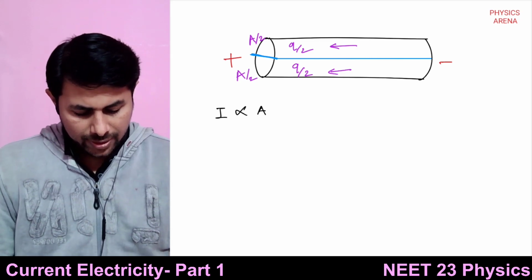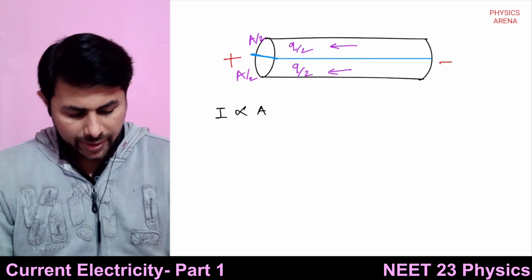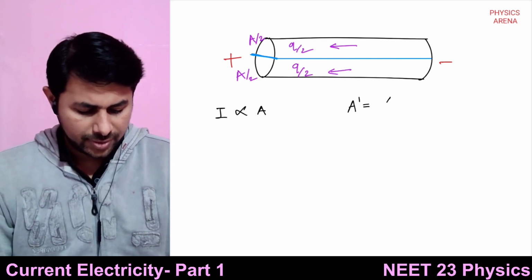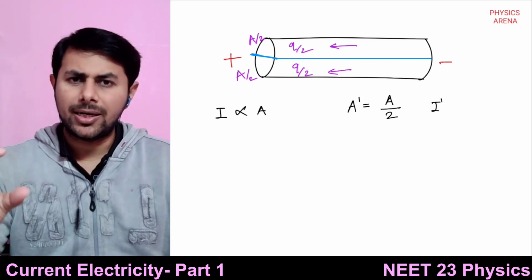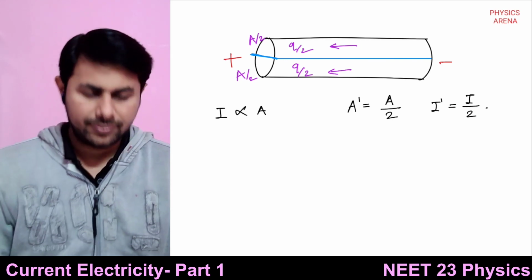Okay, so therefore now, if area, let's say, A dash is equal to A by 2, so I dash, current flowing through upper part or lower part, will be equal to what? I by 2.